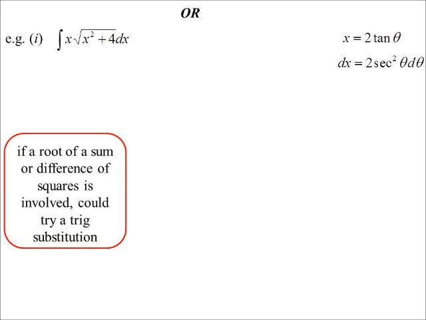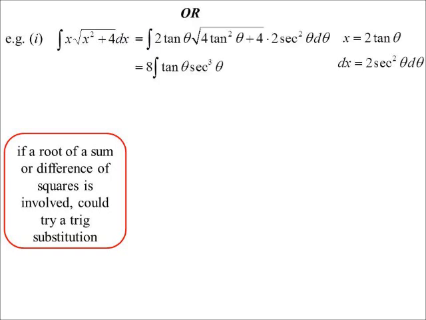Now I just substitute straight in for x and dx. When we do that, I get 2 tan theta times the square root of 4 tan squared theta plus 4, and then times the dx, which is 2 sec squared theta. I get 8 times the integral of tan theta sec cubed theta, which I can rewrite as sine theta on cos to the power of 4.